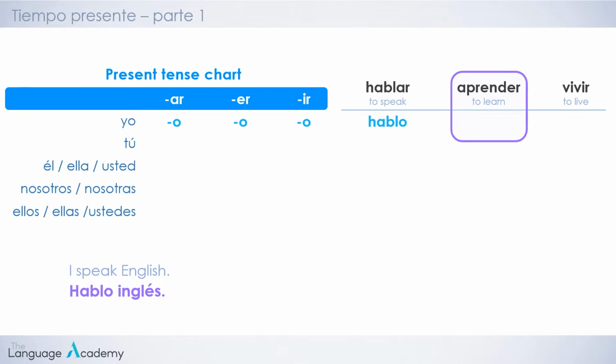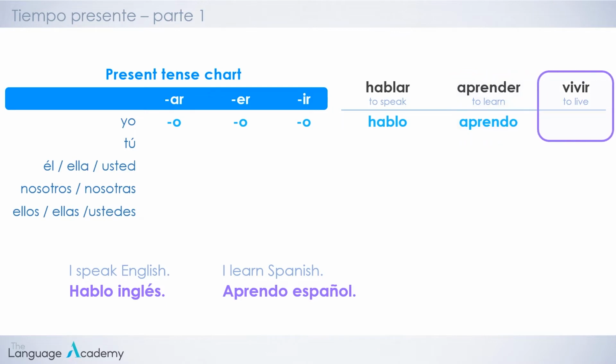Aprender. Can you drop the ending and use o instead to say I learn? Aprendo. So how do you say in Spanish, I learn Spanish? Aprendo español. The next verb is vivir.